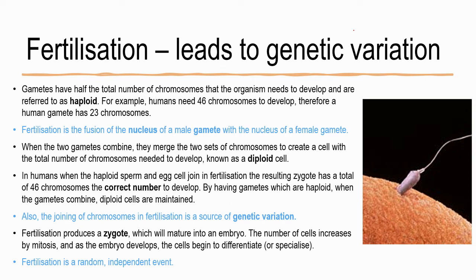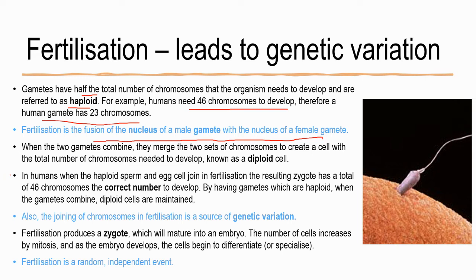Gametes have half the total number of chromosomes that the organism needs. So we call that haploid, and humans need 46 chromosomes. Therefore, a human gamete has half that, 23 chromosomes. Fertilization is the fusion of the nucleus of a male gamete with the nucleus of a female gamete.